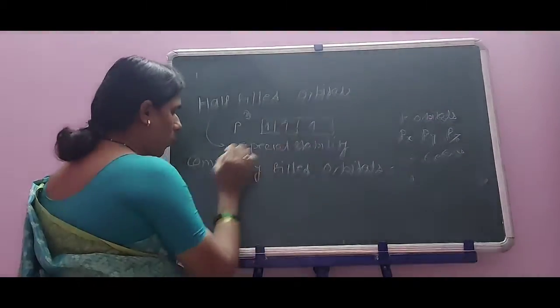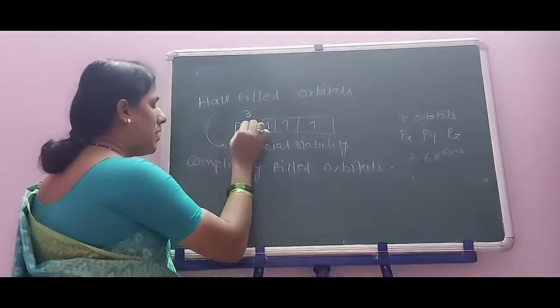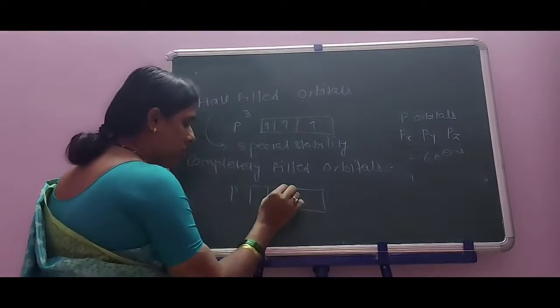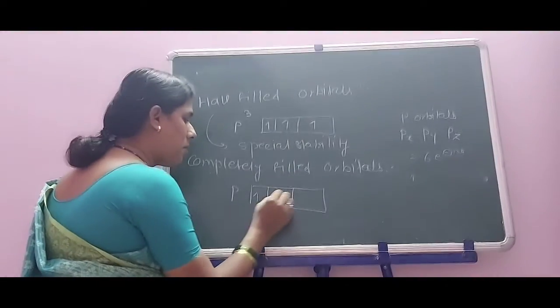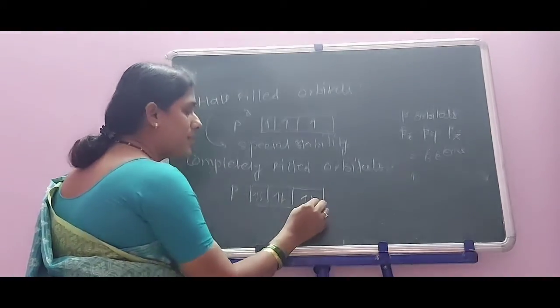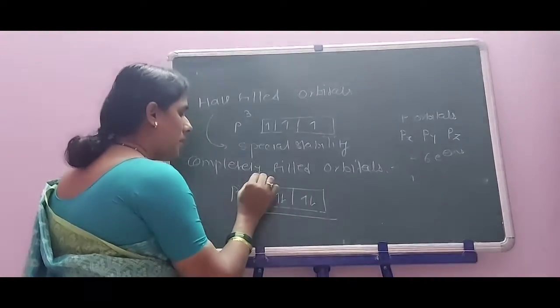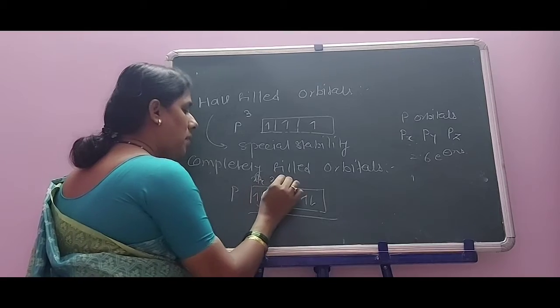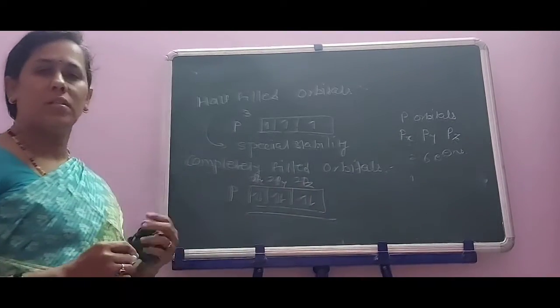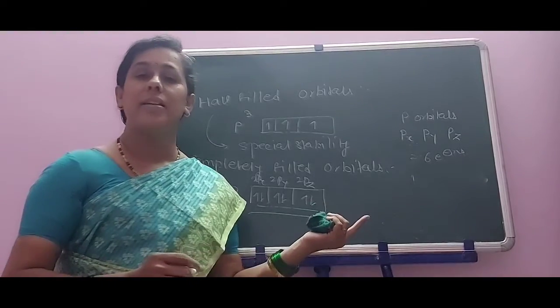What is this special stability? When p orbitals are accommodated in the fashion like this: 1, 2 and 3 here, 4, 5 and 6. These 3 orbitals, 2px, 2py and 2pz, have the capacity of taking 6 electrons.